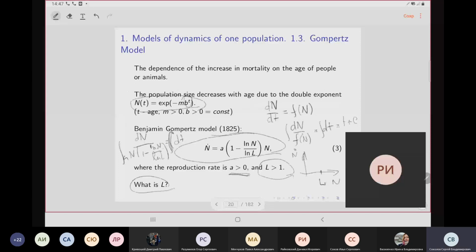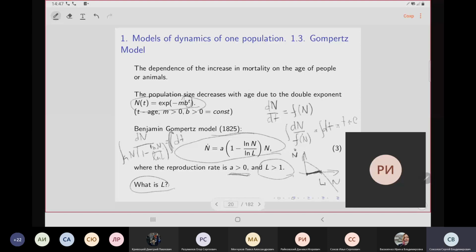If the population number is less than L, n dot is positive, and the population is growing. And if n is greater than L, then n dot is negative. And so it will start decreasing.